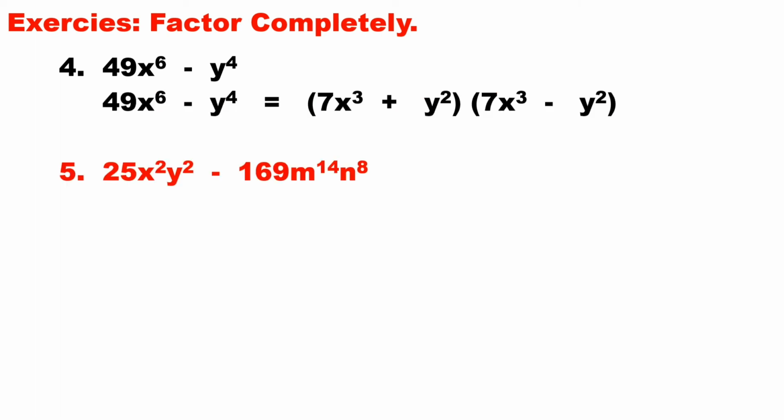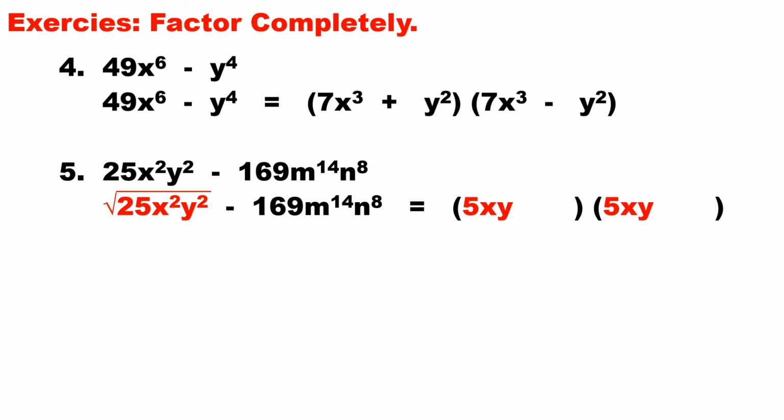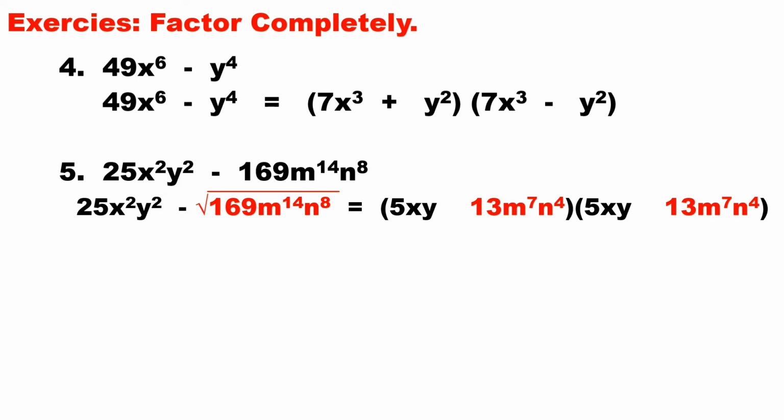Number 5, factor 25x squared y squared minus 169m to the 14th n to the 8th. Square root of 25x squared y squared equals 5xy. Square root of 169m to the 14th n to the 8th equals square root of 169 equals 13, m to the 14 divided by 2 equals m to the 7th, n to the 8th divided by 2 equals n to the 4th.